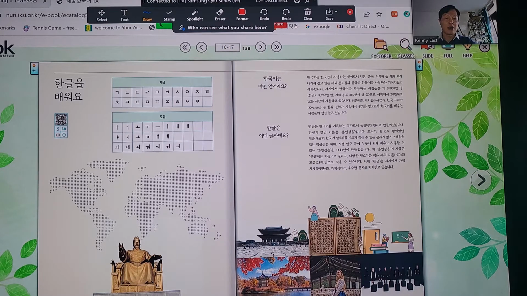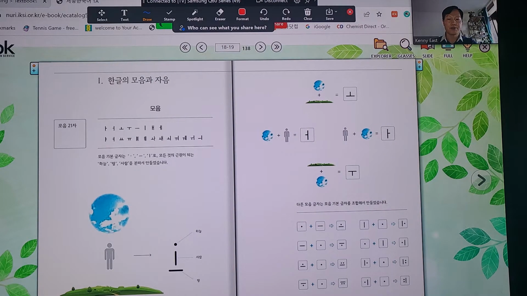자, then let's find out what's next. If you turn the page, as you can see, we're going to learn the vowels first, because vowels are easier to learn compared to consonants when learning foreign languages.